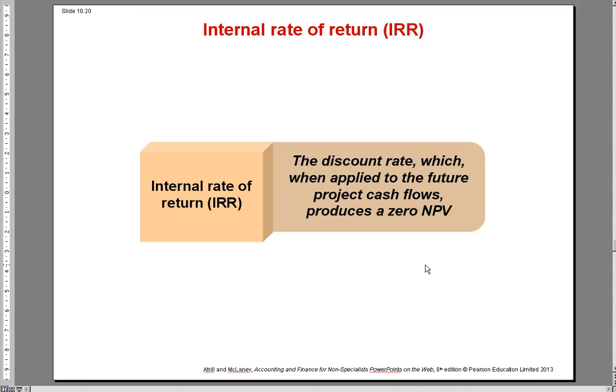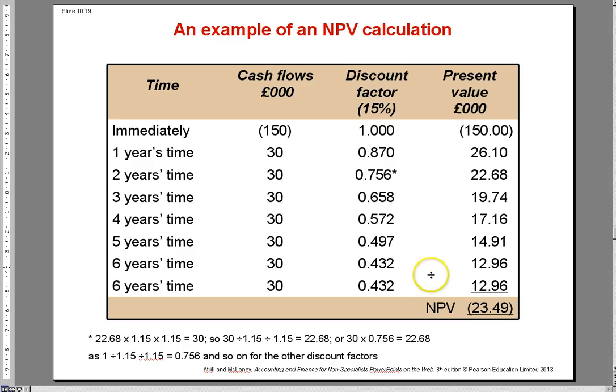So, strictly speaking, the net present value is fine. It works nicely, but one of the problems with it is that it produces a number, like as we were saying, negative 23,000, and that's not really a very comparable figure to use in calculations.